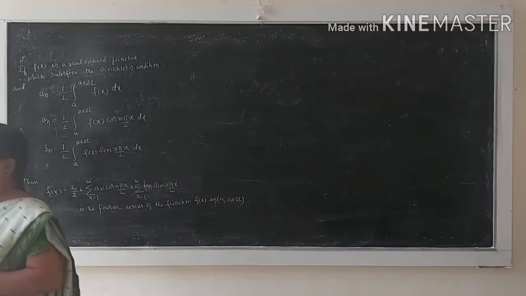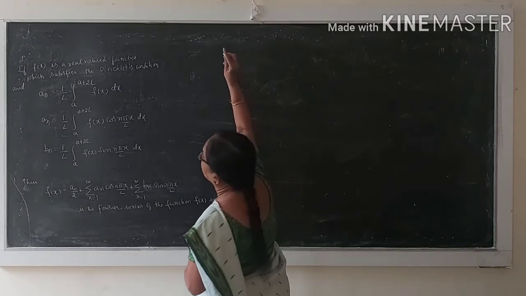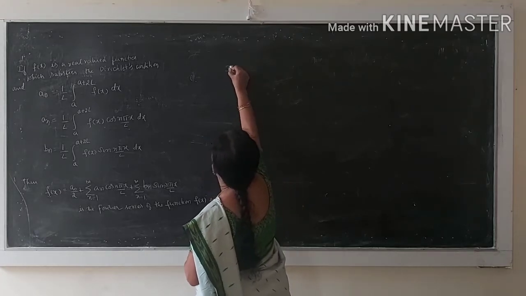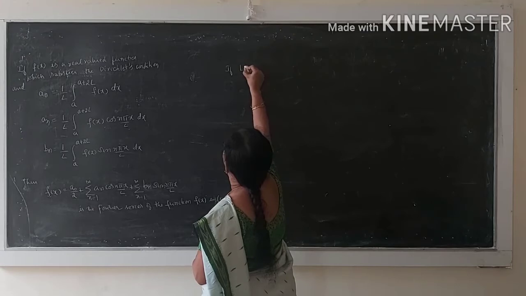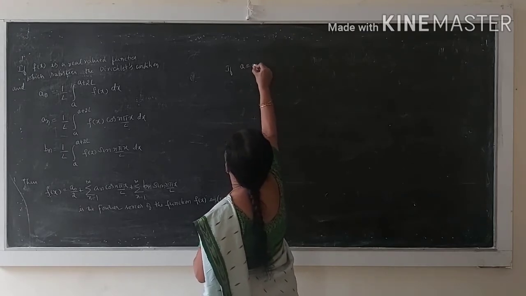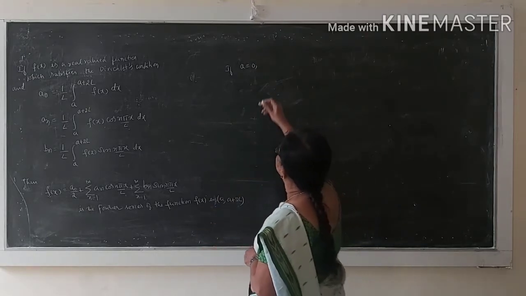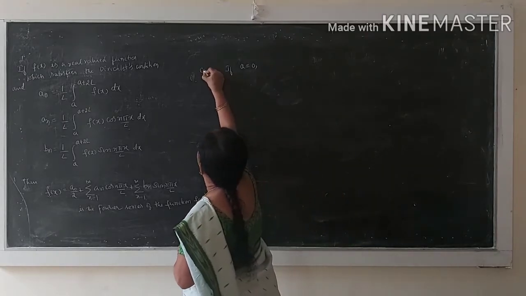If you first know the basic things well, you can find out those conditions afterwards. This is case 1: a is equal to 0.